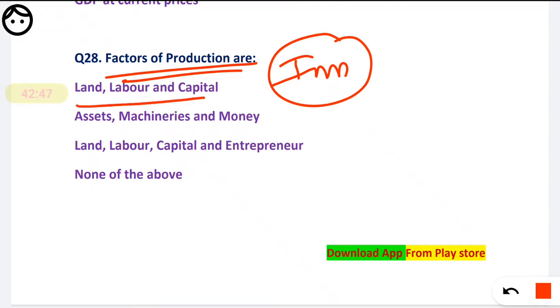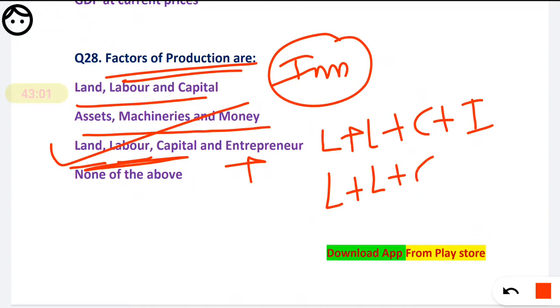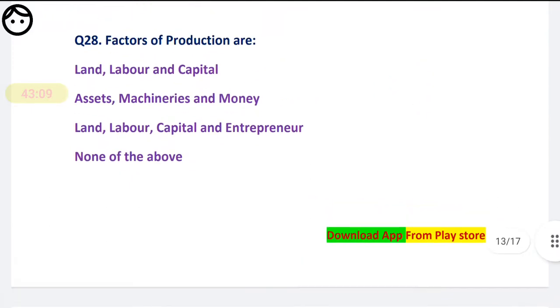Land, labor, capital, plus the entrepreneur. Land plus labor plus capital plus entrepreneur, or we can say land plus labor plus capital plus management. Both are correct. So here you have to mark the third option. Remember, this is a very important question.